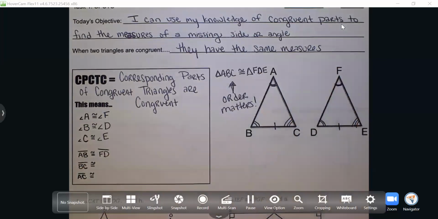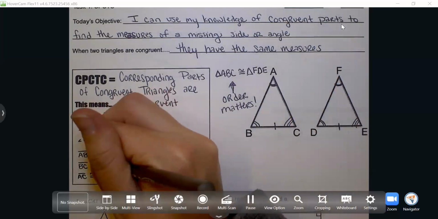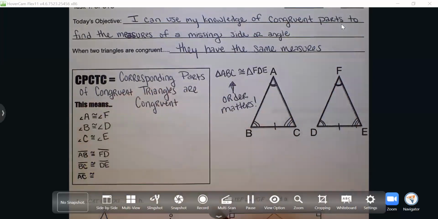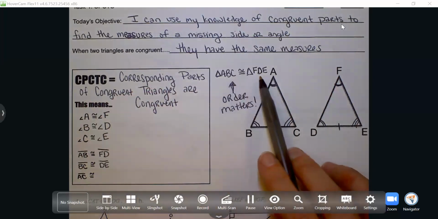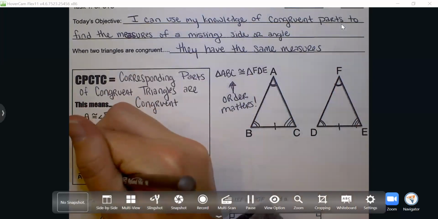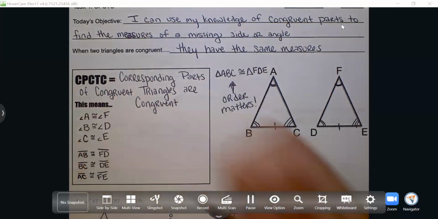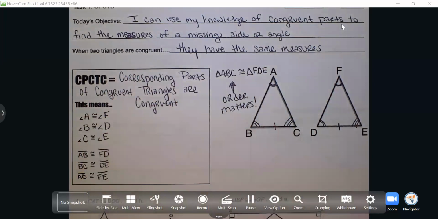BC and DE are congruent to each other. And then the last one, AC. A is the first letter, C is my last letter. So that's going to match FE. And those are all of my corresponding congruent parts.